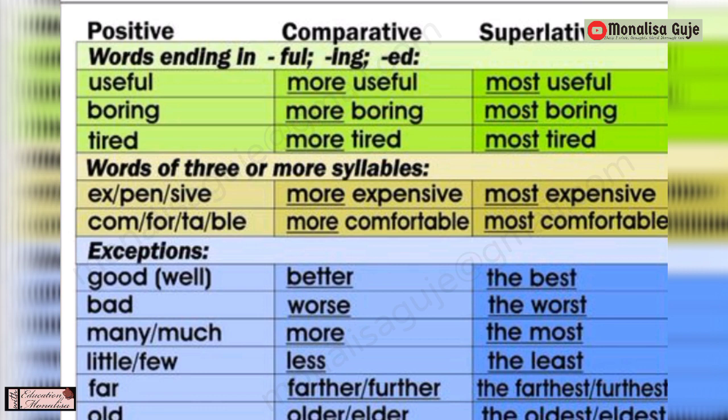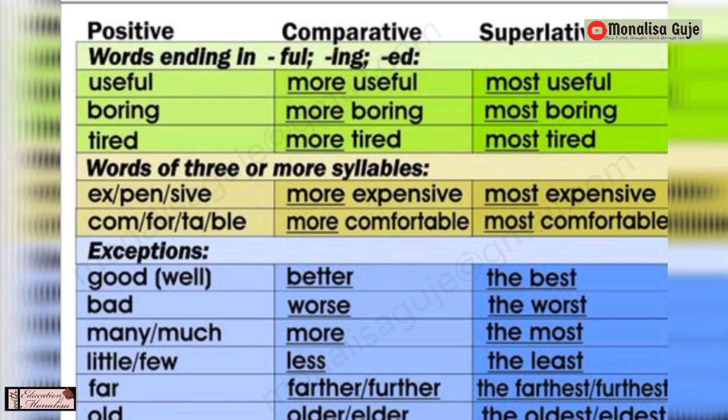So, whatever we speak, that is what we are learning. It is not at all difficult. Far, farther, farthest. It can also be further. Old, older, oldest, or old, elder, eldest. So there are some exceptional words.